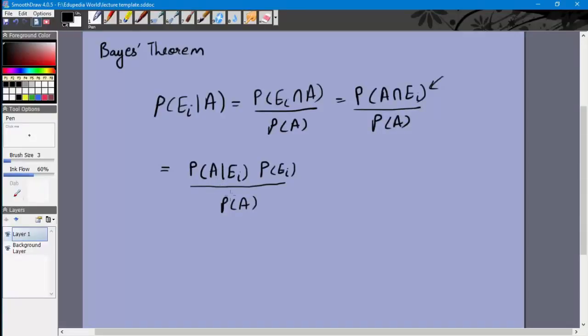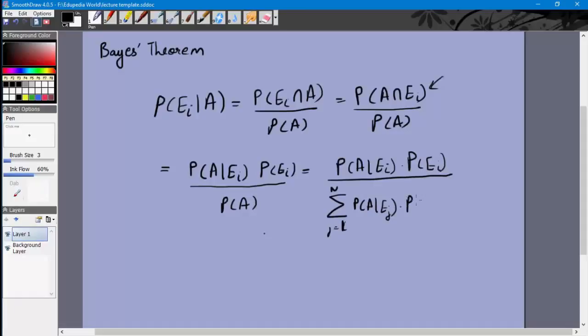Now we can simply put in the formula for P of A, which we got from the theorem on total probability. So this comes out to be P of A conditional EI into P of EI by the summation, now I'll use J because I am using I here, sorry, J equal to 1 to n of P of A conditional EJ into P of EJ. This is P of EI conditional A, and this is Bayes' theorem.